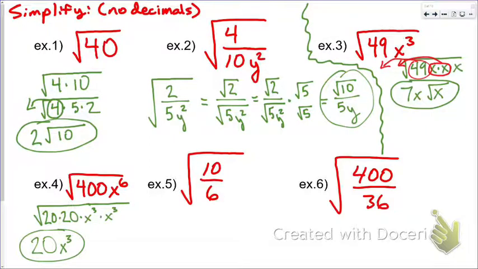On number 5, you want to reduce that fraction first. So that goes down to 5/3. And then I would break it into 2 radicals, and then I would multiply by square root of 3.